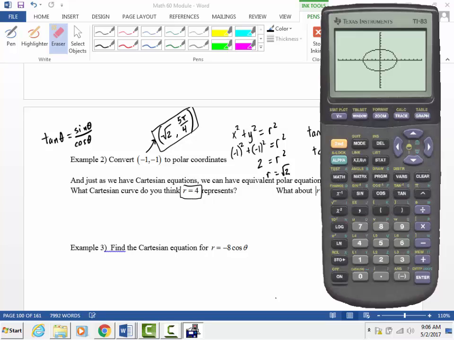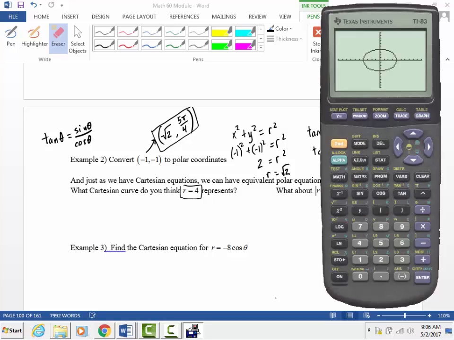When we have cosine, it makes us think of yesterday, when we had x equals r cosine theta. That was part of our parametric equations for a circle. Part of this wants me to think it's a circle, but we don't really know yet.